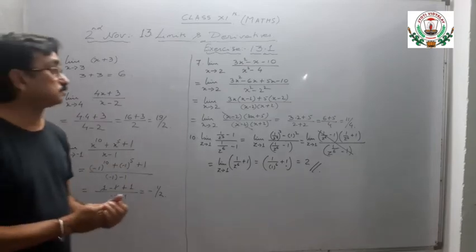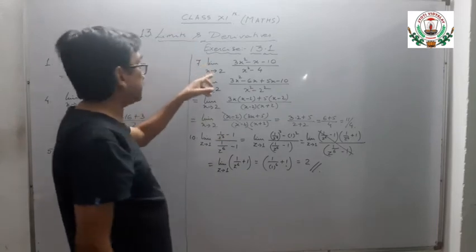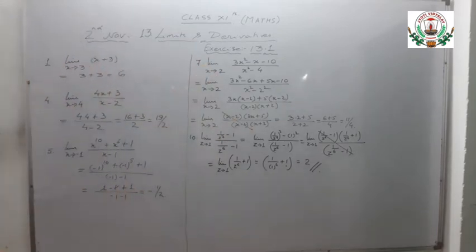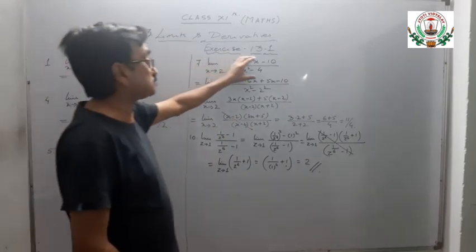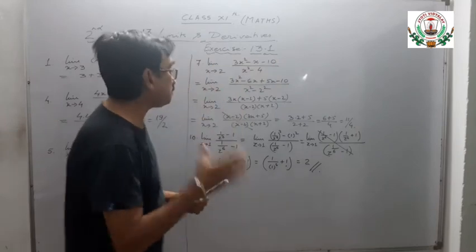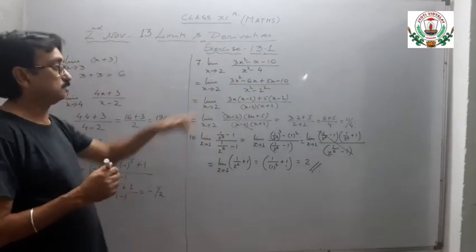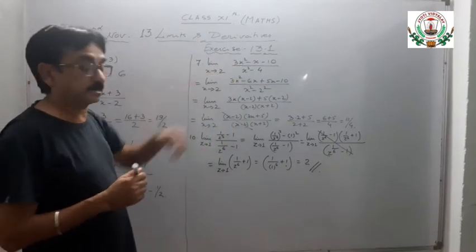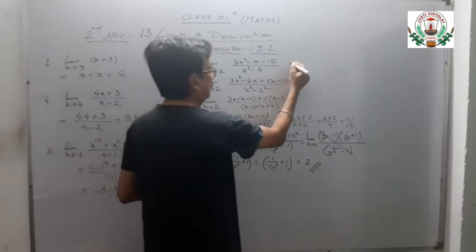Now comes the seventh question. Limit x tends to 2. In this question, the function is not in the standard form. If I substitute x equals 2 directly in this function, what will we get?